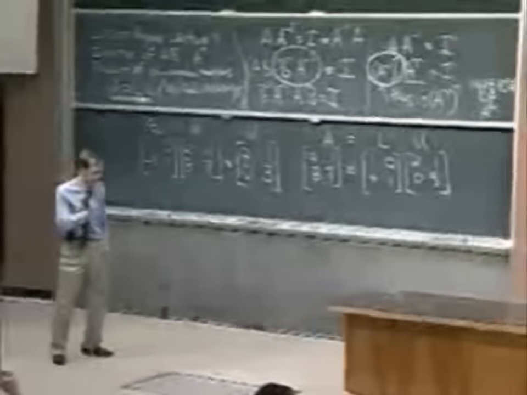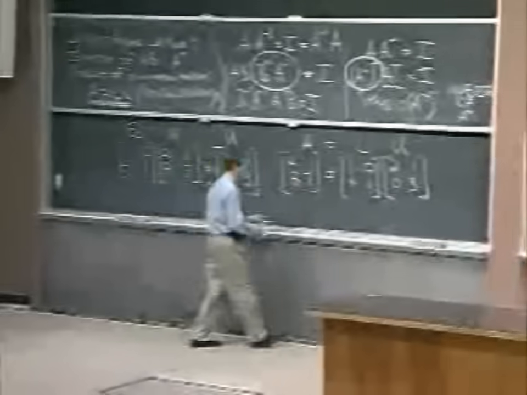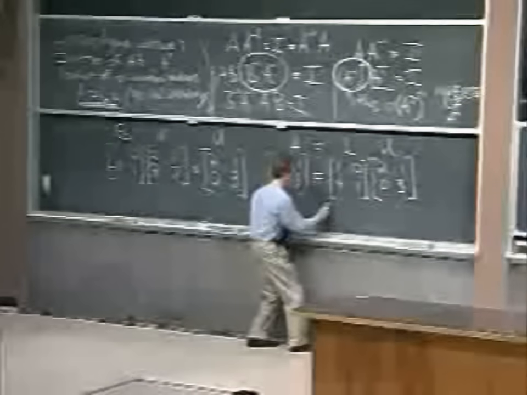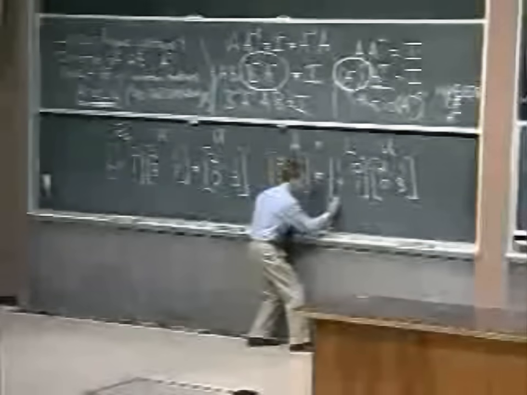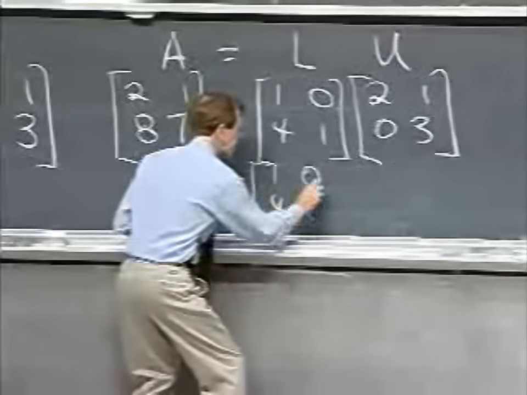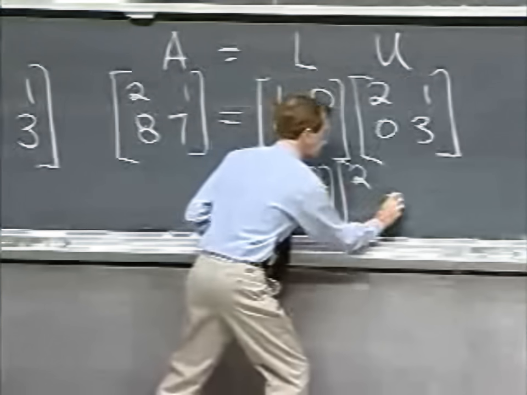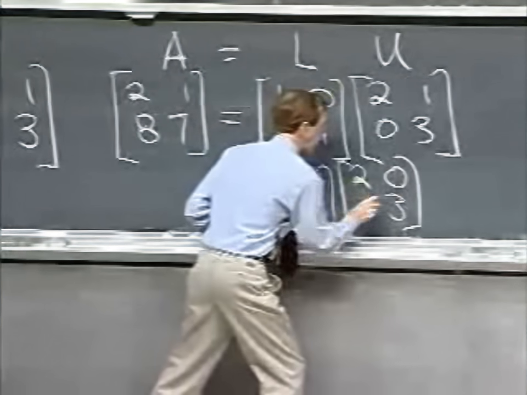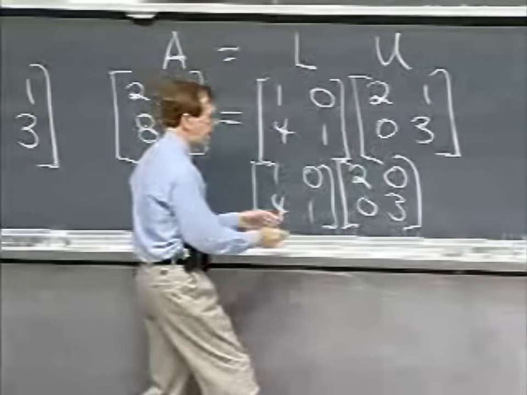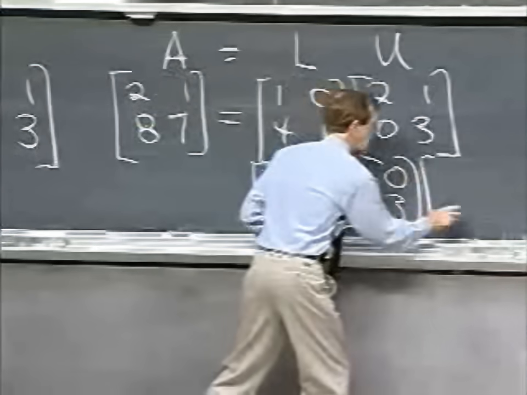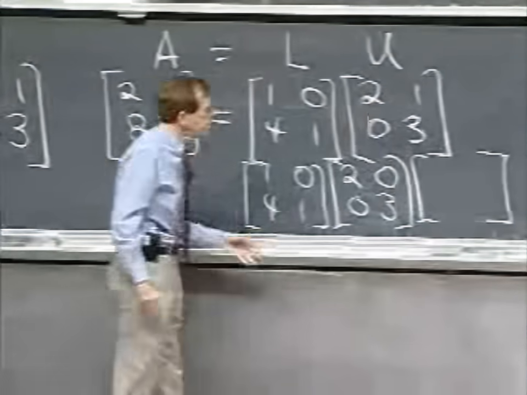So can I just mention that sometimes we could also write this as 1, 0, 4, 1. I'll just show you how I would divide out this matrix of pivots, 2, 3. There's a diagonal matrix. And whatever is left is here. Now what's left?